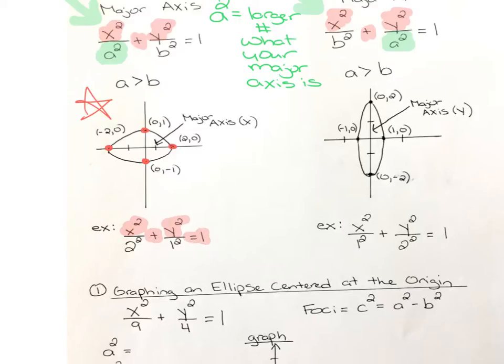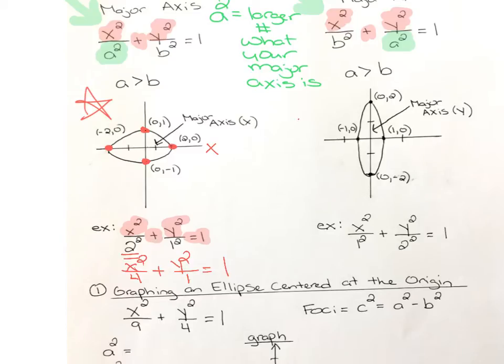Then you have to figure out the denominators. On the x-axis your point is 2, so this is 2 squared, giving x squared over 4 plus y squared, and then it's up 1 on the y-axis, so y squared over 1 squared, which is 1, equal to 1. The 1 is understood to be in the denominator. You don't have to put it, but just for right now, it's what we're doing.